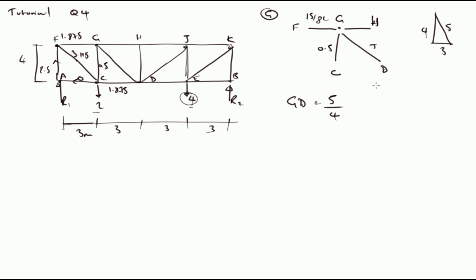So that's the ratio of the lengths of the members, but also because they're vectors, it's the ratio of the forces in those members too. So 5/4 times 0.5 gives us 5/8, which gives us 0.625 kilonewtons in tension. Okay, so this is our value here.